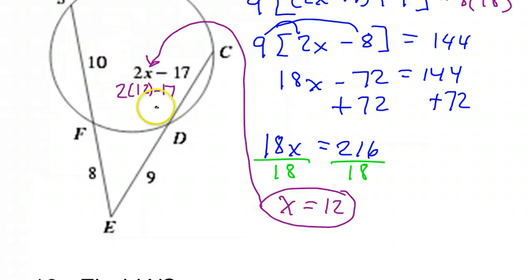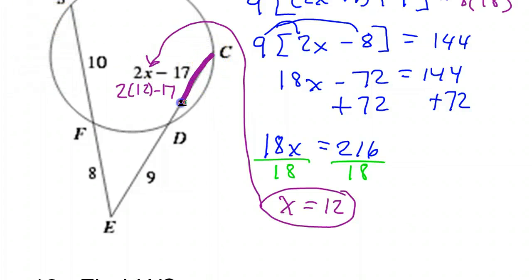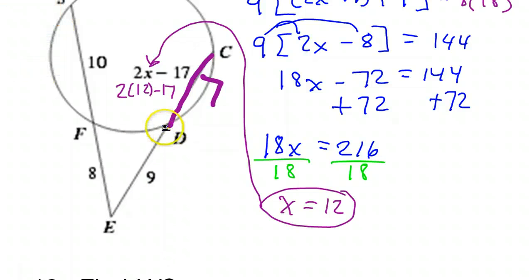We just found that the length of CD is 7. And we know that this over here, of course, is 9. So the whole length of CE is 7 plus 9, so that's going to be 16.